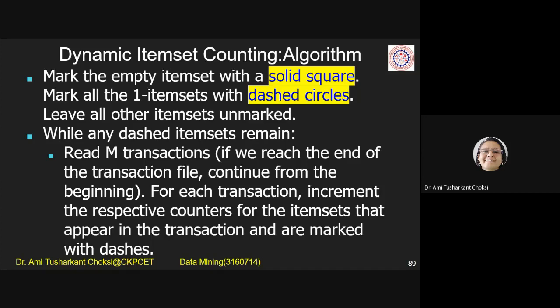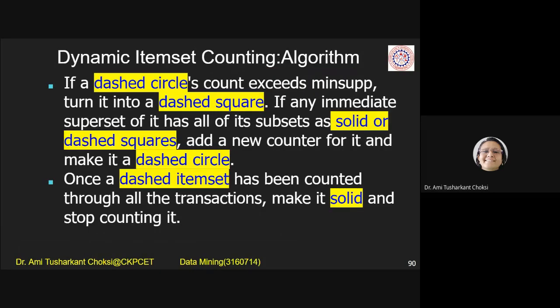For each transaction, increment the respective counters for the item sets that appear in the transaction and are marked with dashes. If a dash circle's count exceeds minimum support, turn it into a dash square.